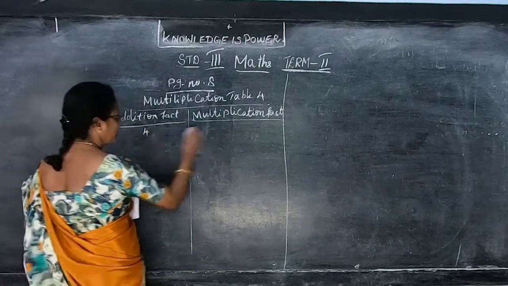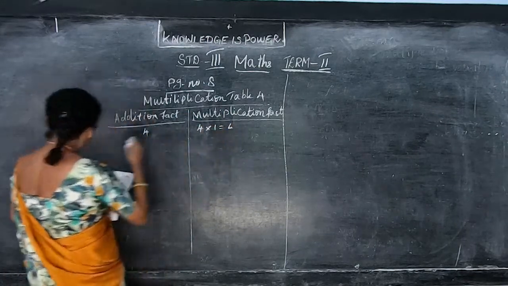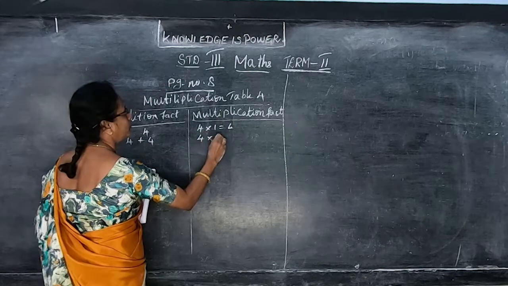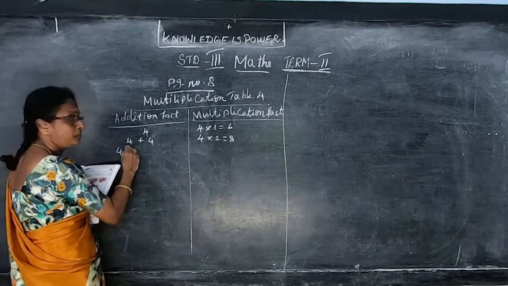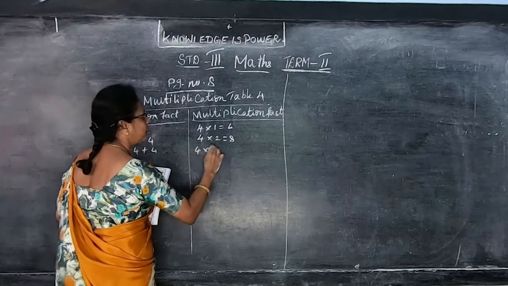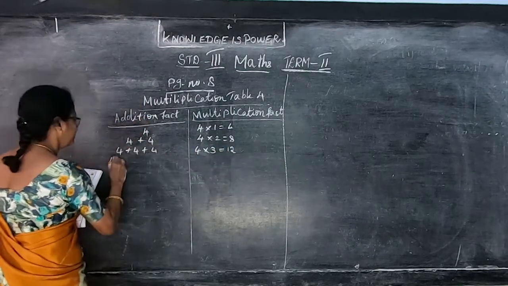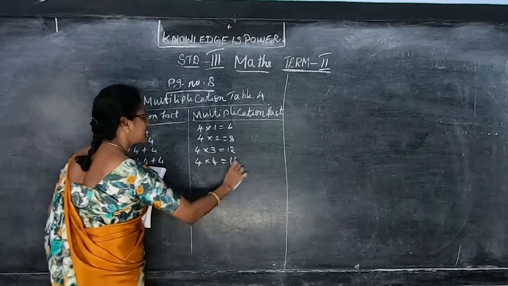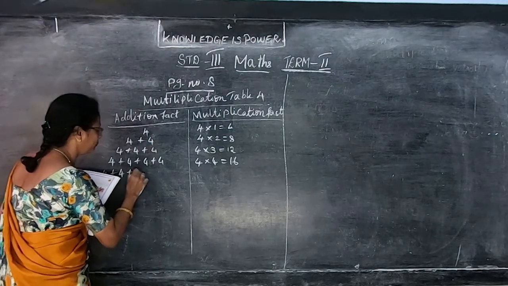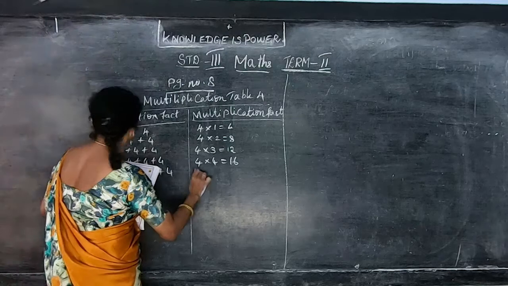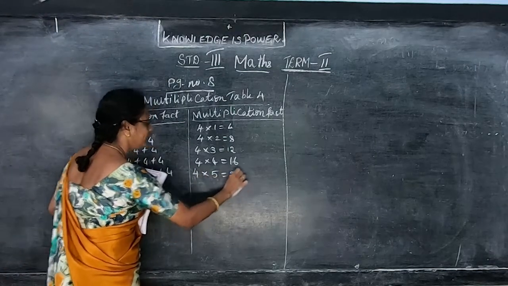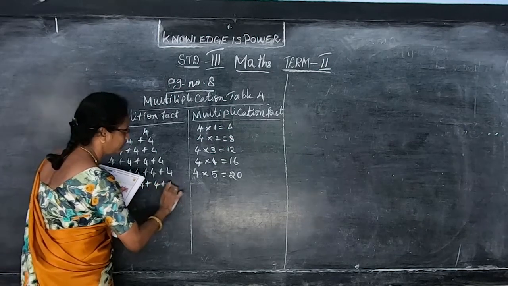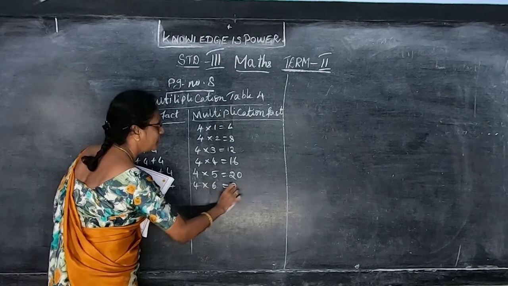4 ones are 4, I said. Then 2 fours, 4 plus 4, 4 into 2, 8. Then 4 plus 4 plus 4, so 4 into 3 is equal to 12. Then 4 fours are 16. Then 5 times, 4 fives are 20. Then you have to put 6 times. 4 sixes are 24.